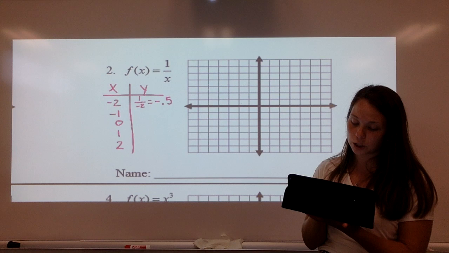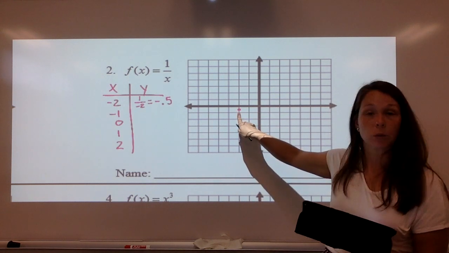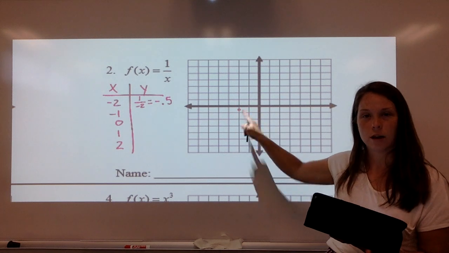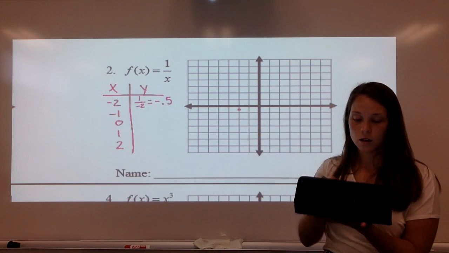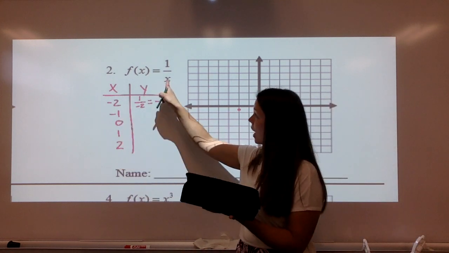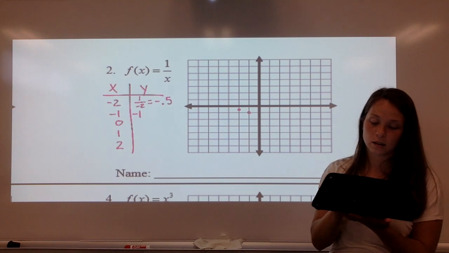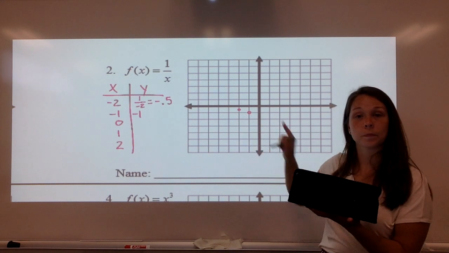I'm going to leave each increment as a tick mark of 1, so my point would be right here, back to down 1/2. Continuing that trend, if I plug -1 in for x, I'd get -1, plotting that point, brings me here.